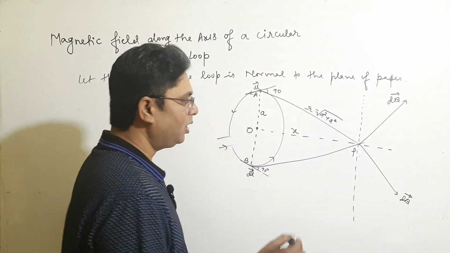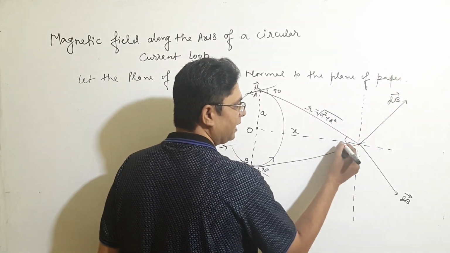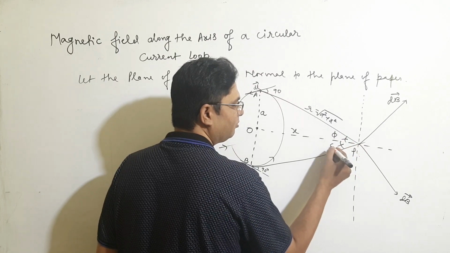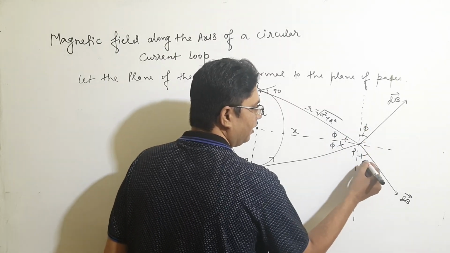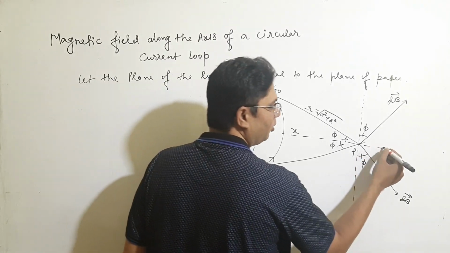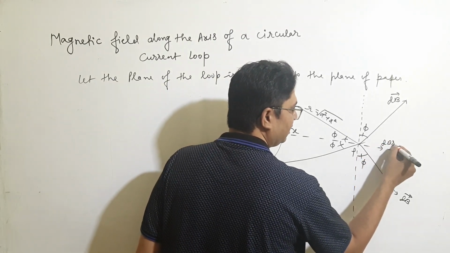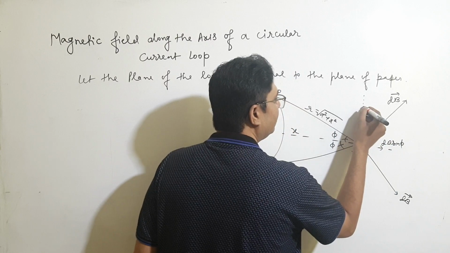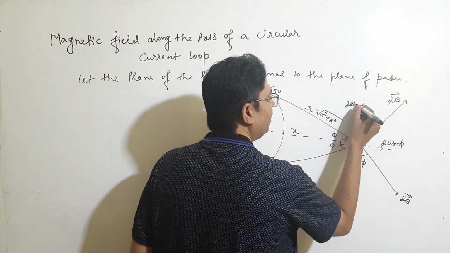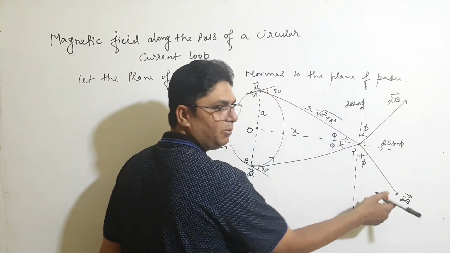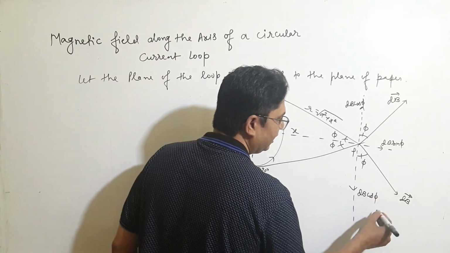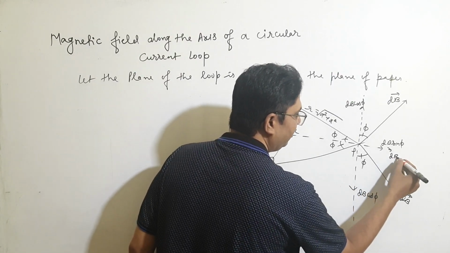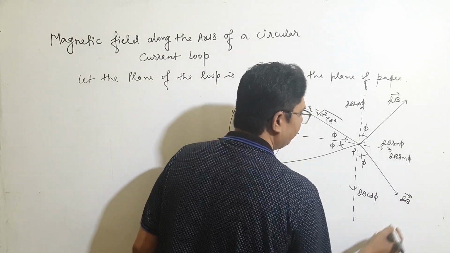So dB can be resolved into two components. For that, this angle and this angle are the same. Let the angle be phi. This phi is equal to this by geometry. Now dB can be resolved into two components, dB sin phi and dB cos phi.